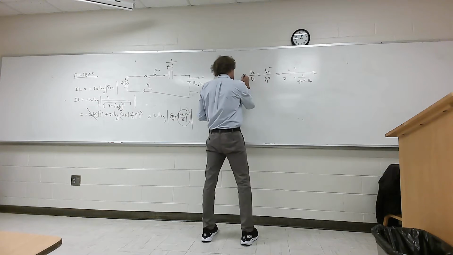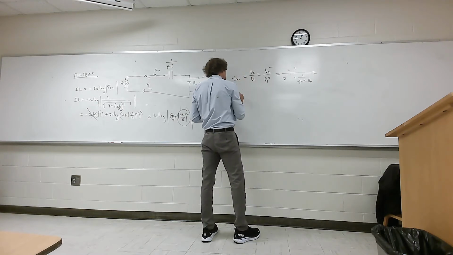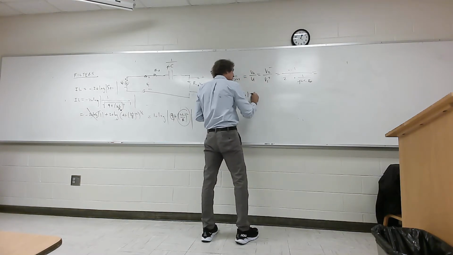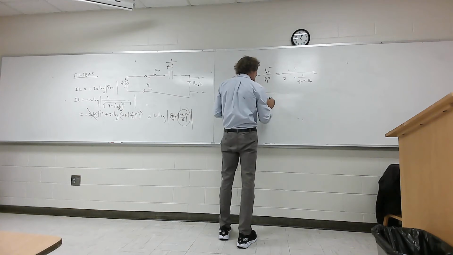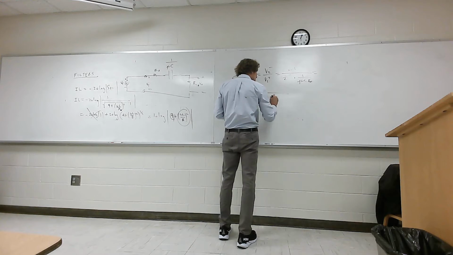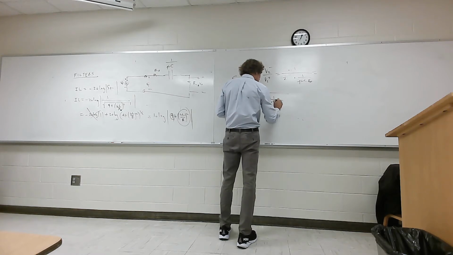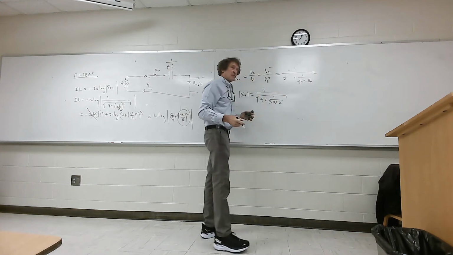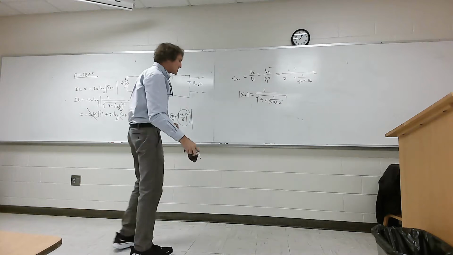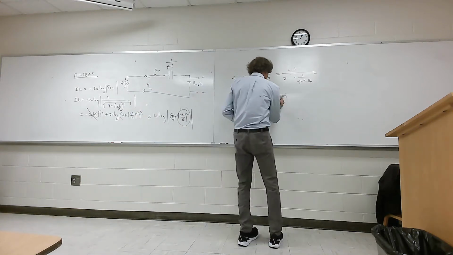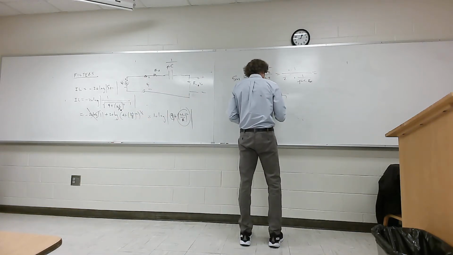I'll call this S21. Then the magnitude of S21 would be equal to 1 over the square root of 4 plus 1 over omega R naught C, squared. And then I would take this and stick it, this is the square root of 2 pi. Fold it that way.